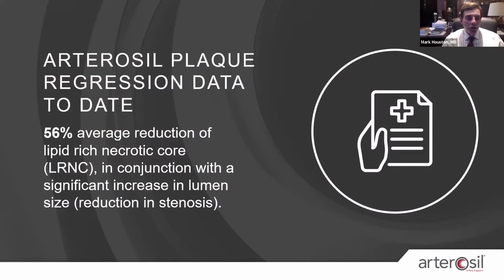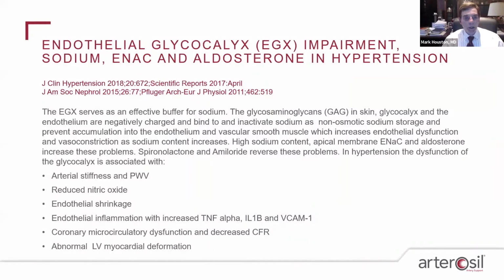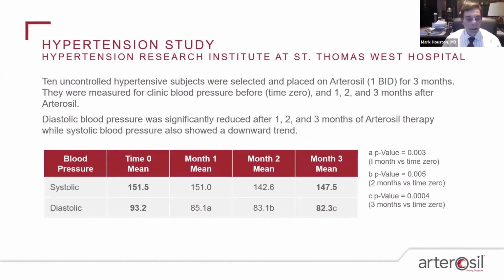So ARTEROSIL plaque regression looks impressive. 55% average reduction in lipid-rich core with improvement in stenosis as well. I showed you this slide earlier, so I won't repeat it. This is a study that we did in the Hypertension Institute. It was a blood pressure study. It was a real pilot study, very small group of patients.